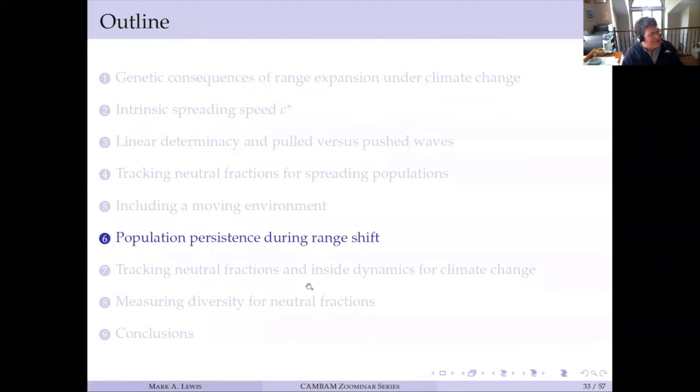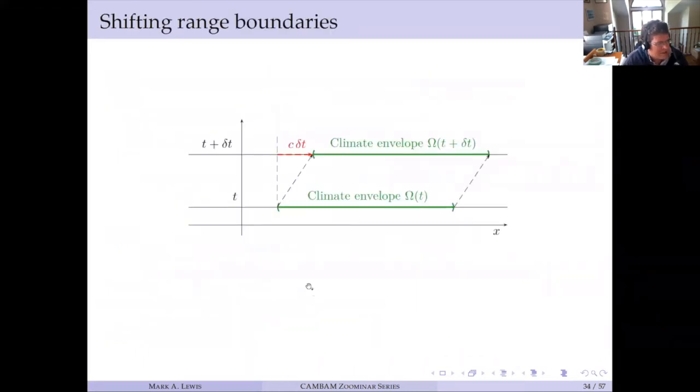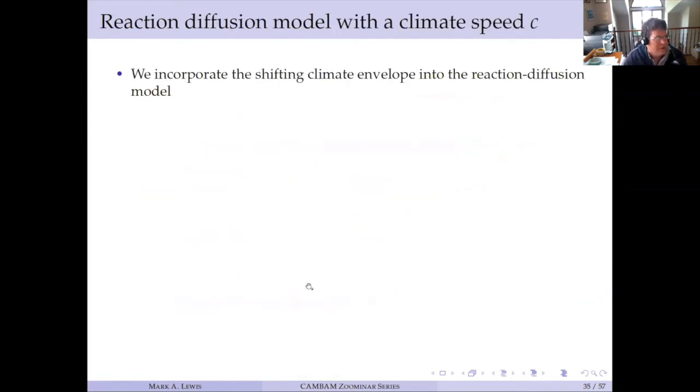Okay, so this is going to provide a basis for looking at population persistence during range shift. We want to go back to what we were talking about originally, the case where there's a climate envelope that's shifting at speed c to the right. We'll stay in one dimension for now, and the size of the climate envelope will be L. We incorporate the shifting climate envelope into the reaction diffusion model by letting it move to the right at speed c.